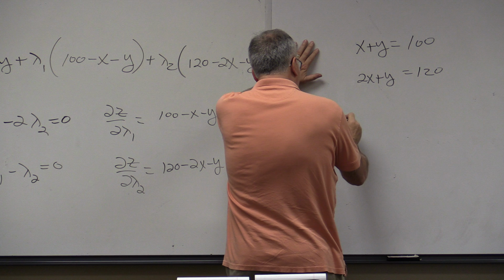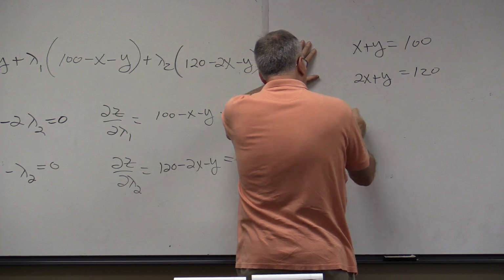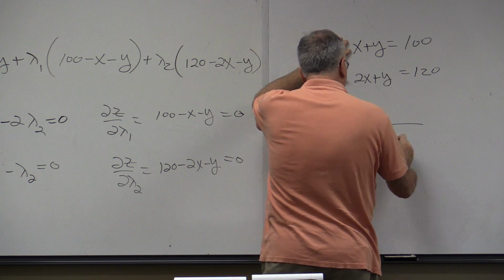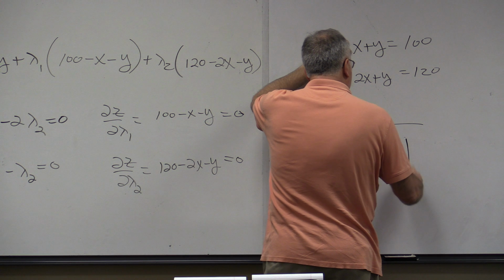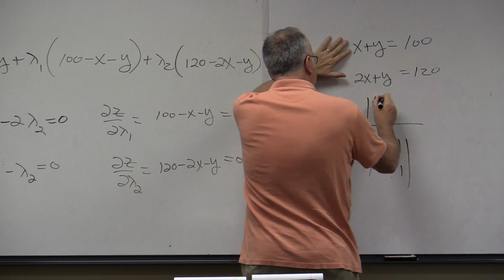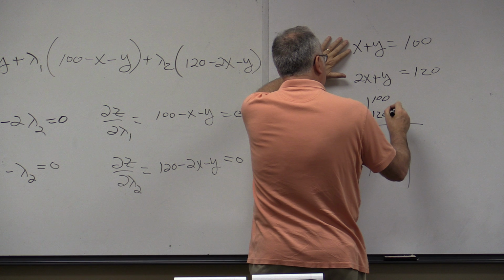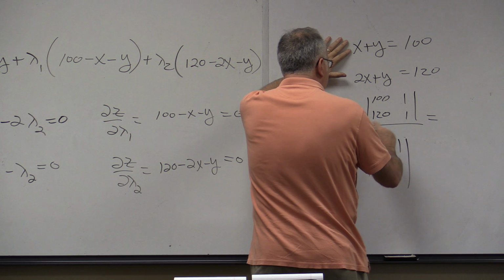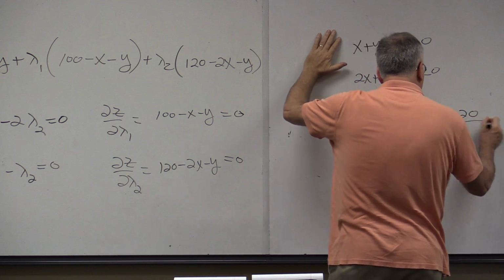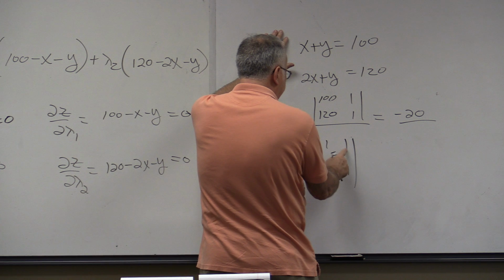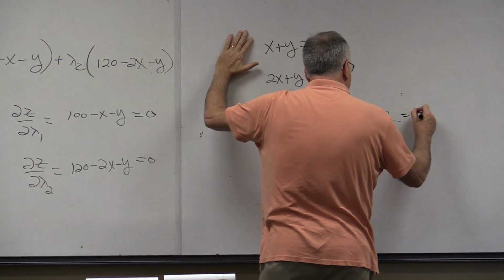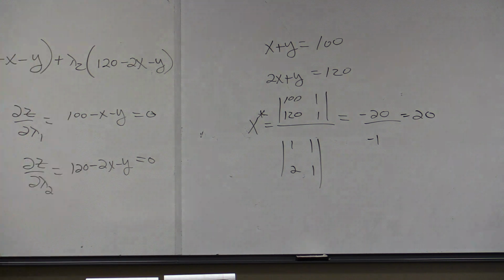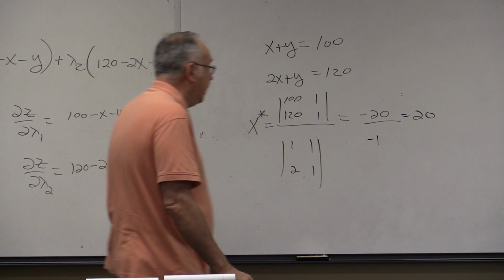So if we use Cramer's rule, x star equals, the determinant down here would be 1, 1, 2, 1. Up here, we would have the determinant 100, 120, 1, 1. So this would be 100 minus 120, which is minus 20 up here. This is 1 minus 2, which is minus 1. So it's 20. Okay, that's good. It's positive. So let's see if we can get a positive value for y star.